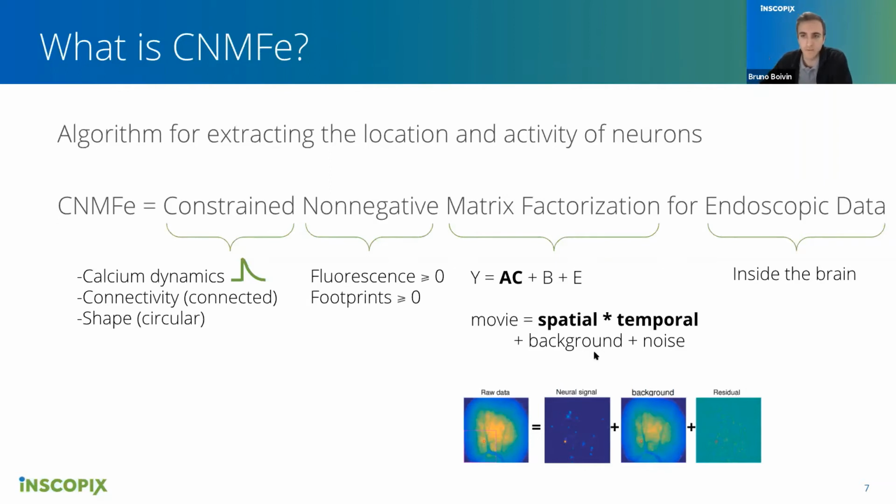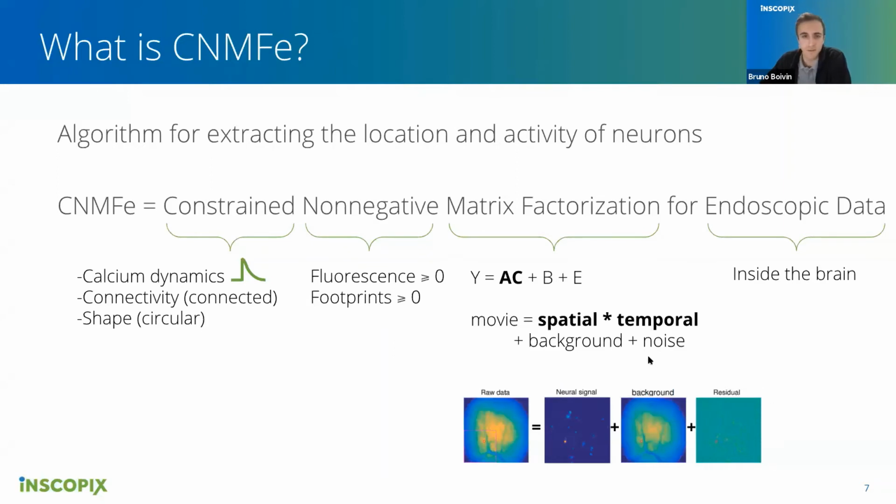Of course, this reconstruction is not perfect. There's always some background fluctuation, and whatever you can't explain with this model is included in the noise. This is depicted in the pictures at the bottom of the slide, where I'm showing a frame from a movie and decomposing it on the right into the three components: neural activity, background, and the residuals, which is the noise.